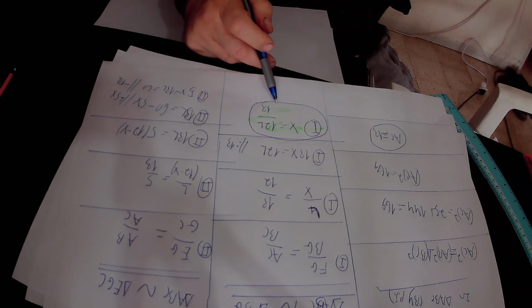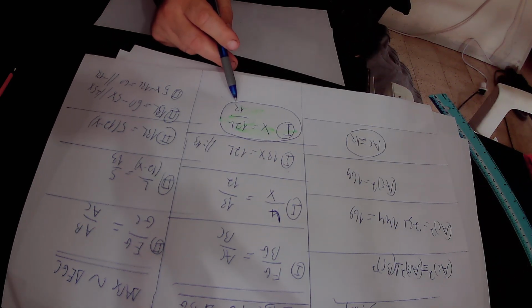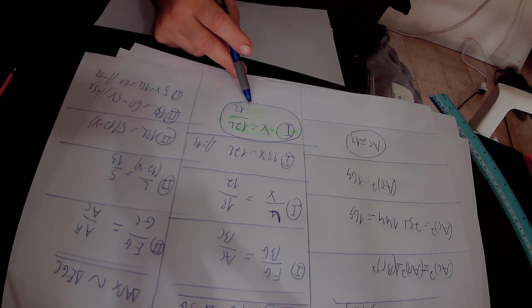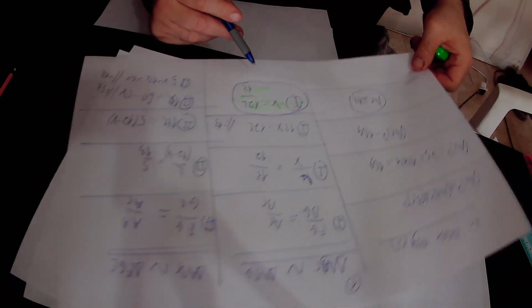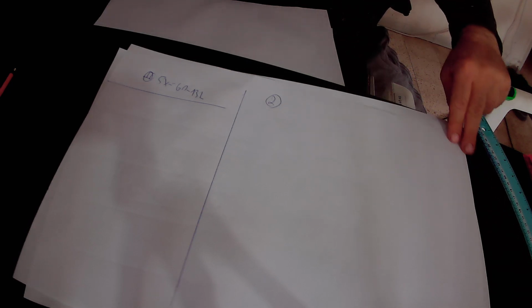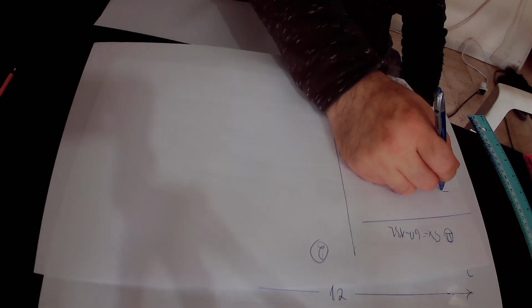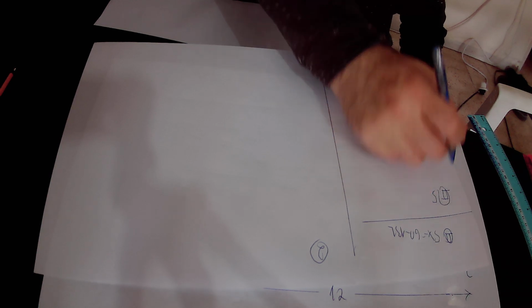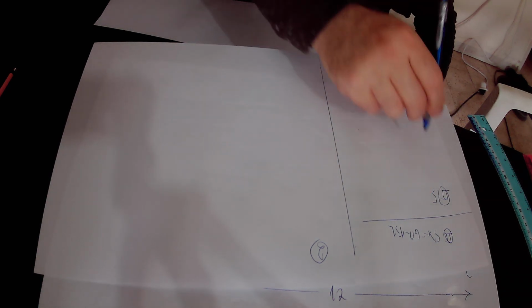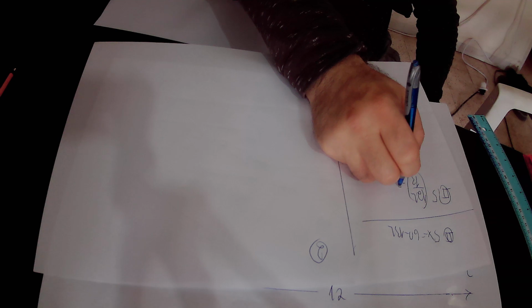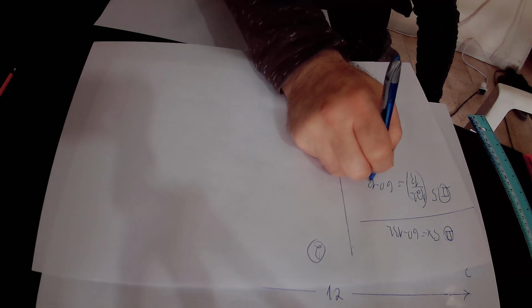We substitute x by 12L over 13, and we get that it is 5 times x, and x according to equation 1 is 12L over 13. That equals 60 minus 13L.